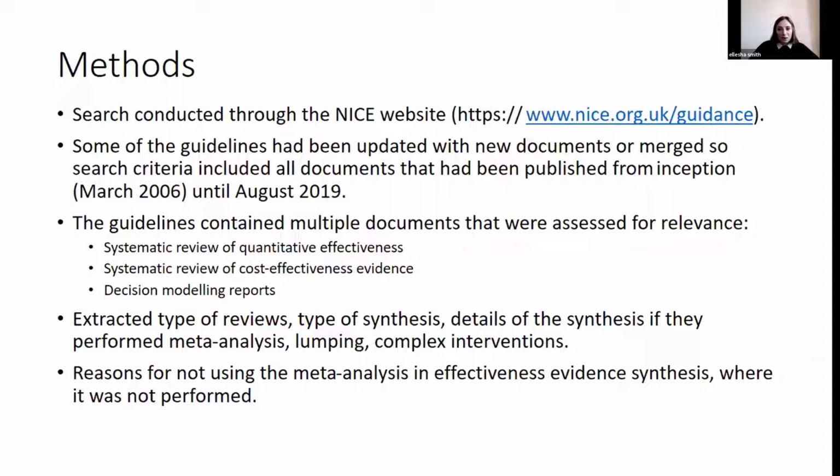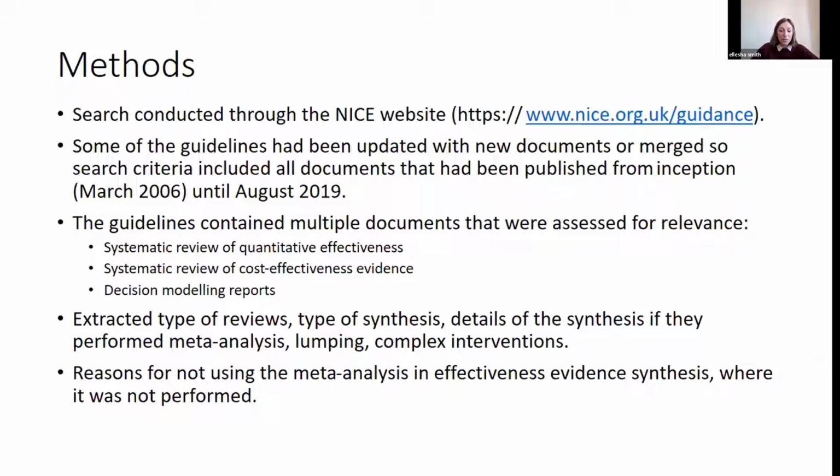So for this systematic review update of NICE public health guidelines, we conducted the search through the NICE website and filtered by public health guidelines. Some of the guidelines had been updated with new documents or merged, so the search criteria included all documents that had been published from inception until August 2019.